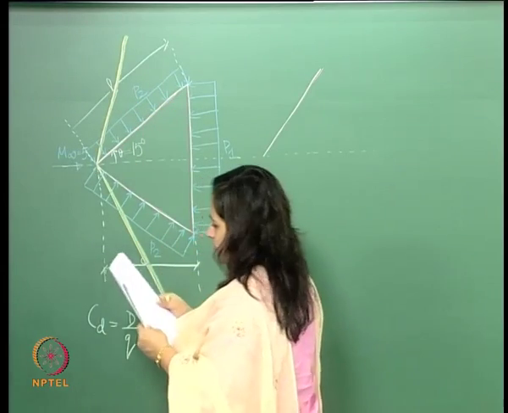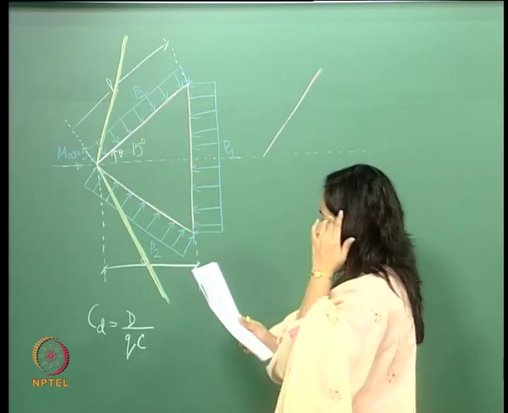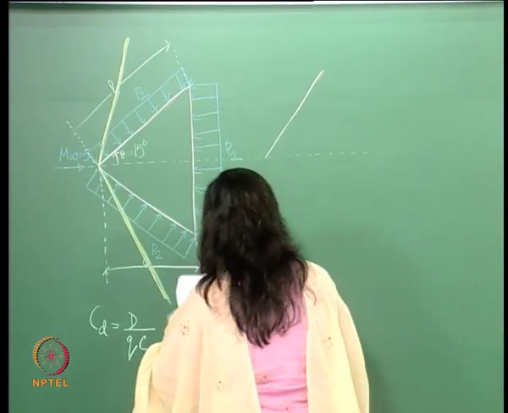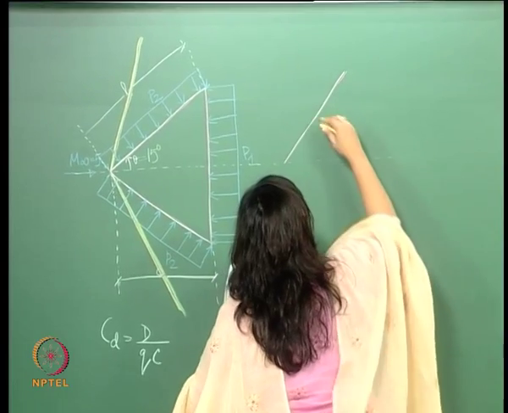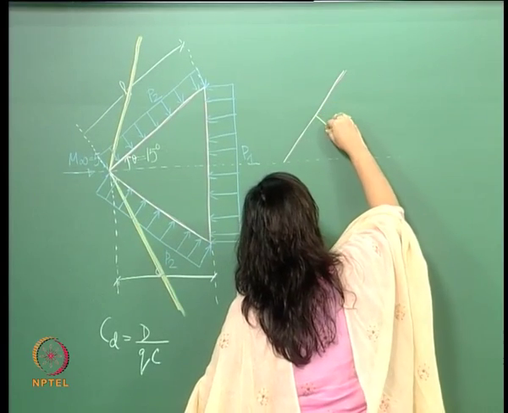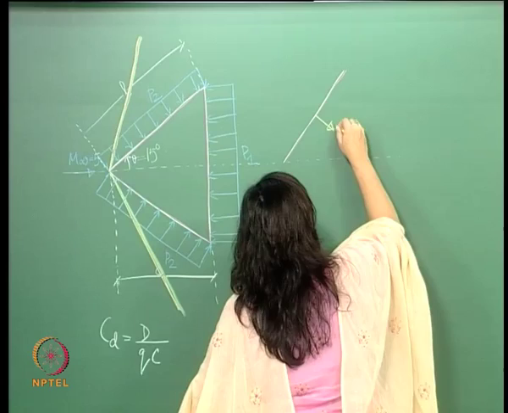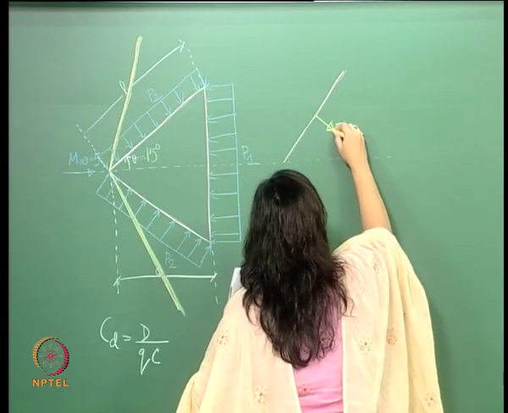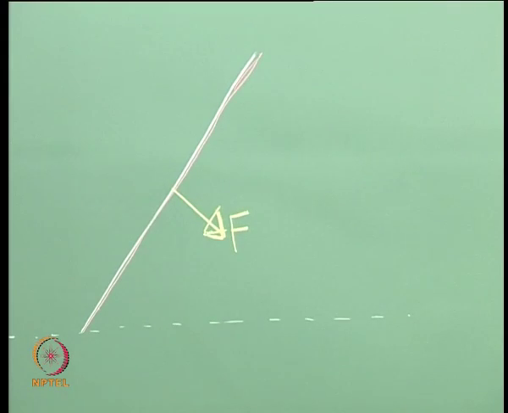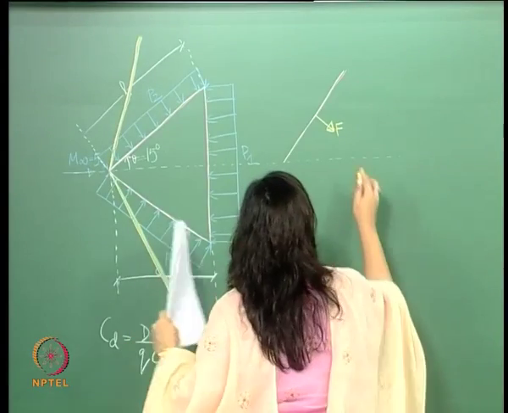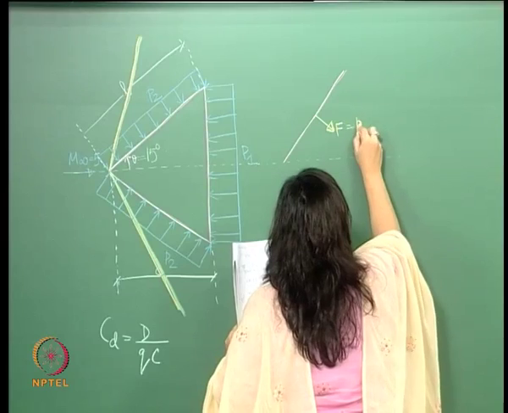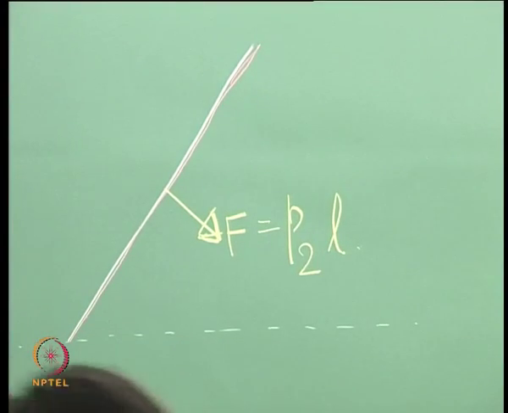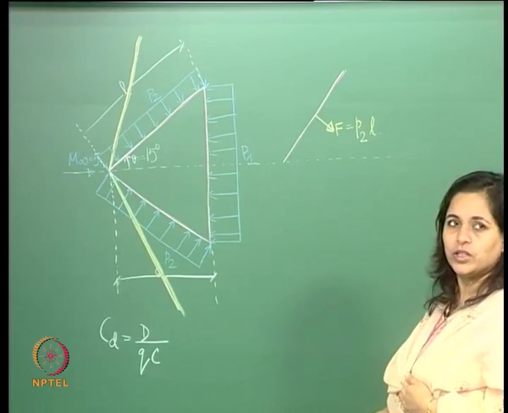The length is L. So what I'm going to say here is that let me call this force F. I can write this force as P2 into L. Isn't that right? So P2 into L.